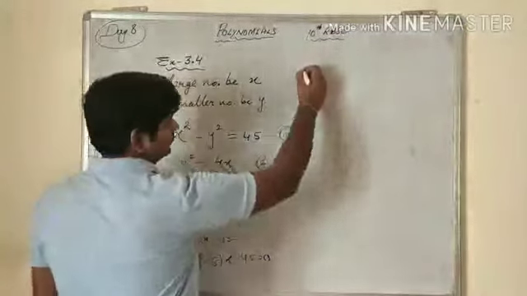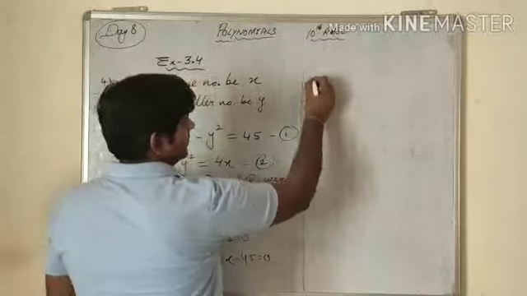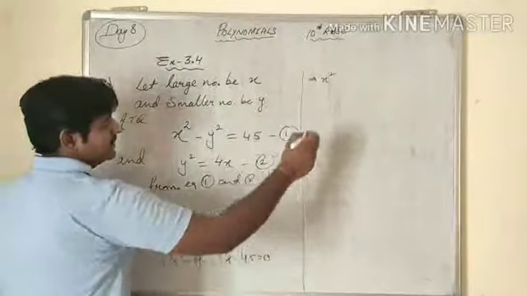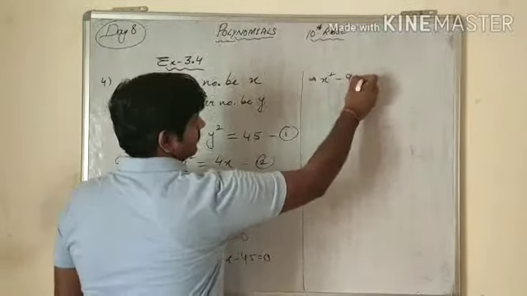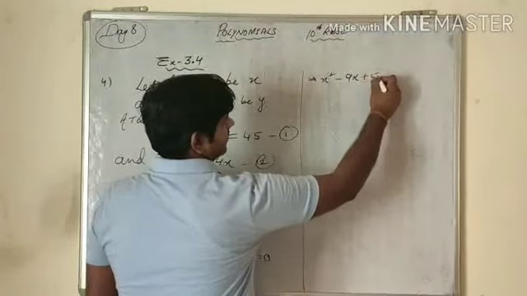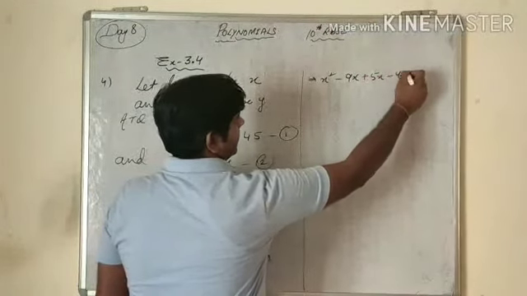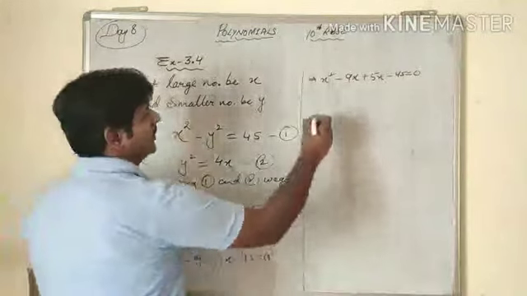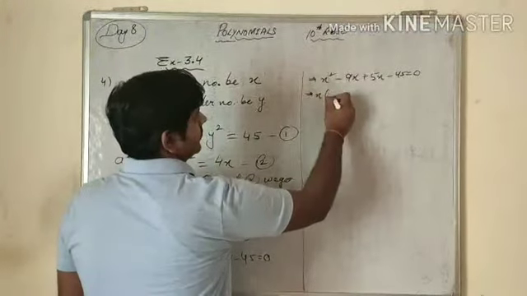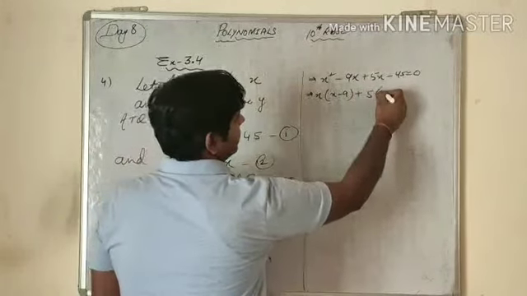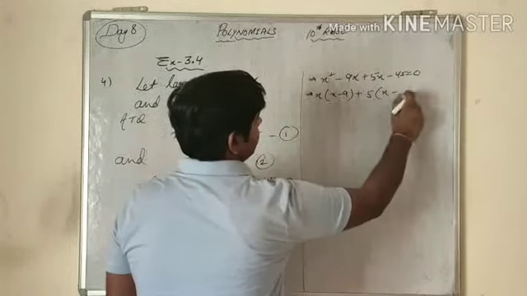Now this is x square, negative 9x, and minus minus is plus, so plus 5x minus 45 equals 0. In the first two terms, x is common, so x minus 9 is there, and in the next two terms 5 is common, so x minus 9 again.